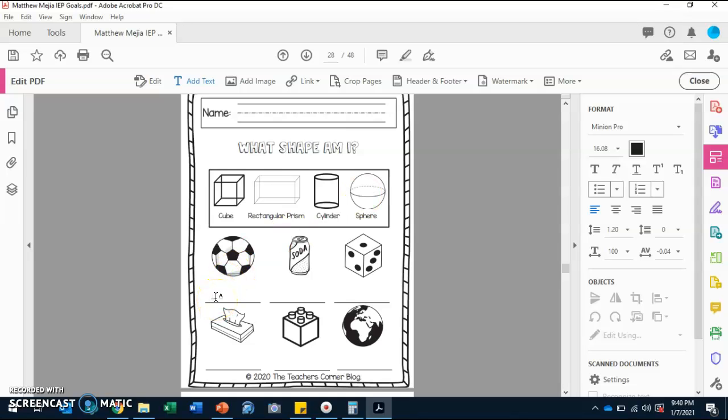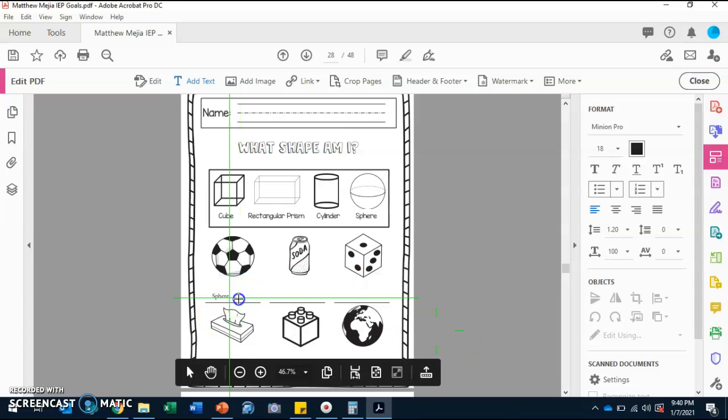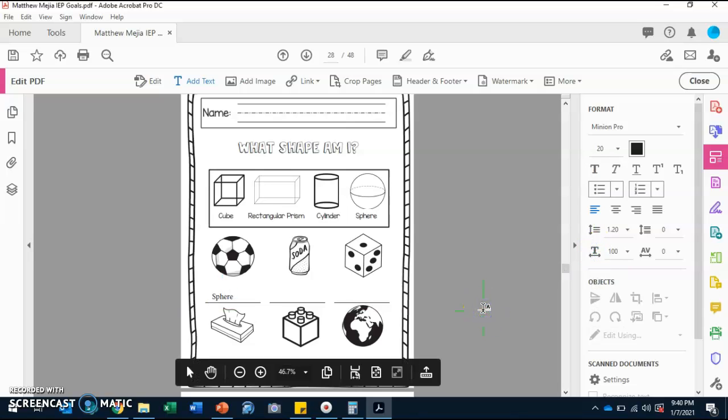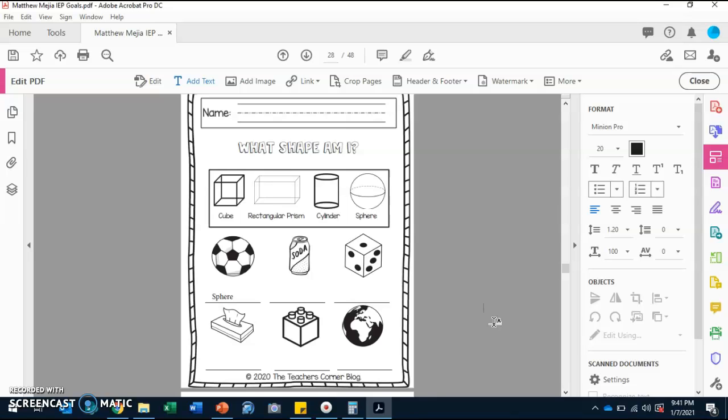Yes, good job. It is a sphere. And that's what you are going to be doing for the rest. Just tell me what shape it is, and once you are done, we will continue to work on goal number 4, sorry.